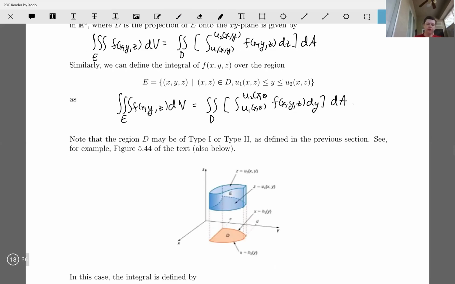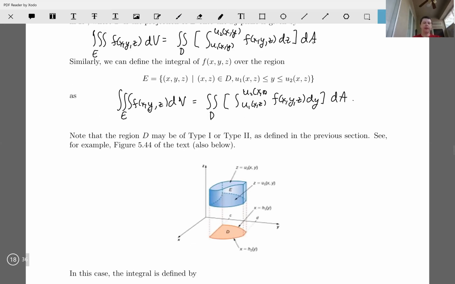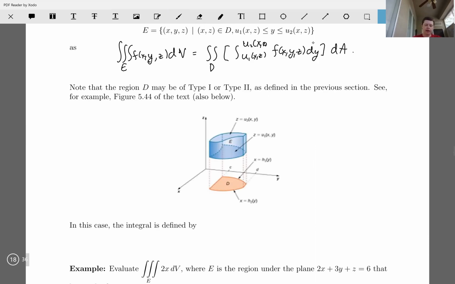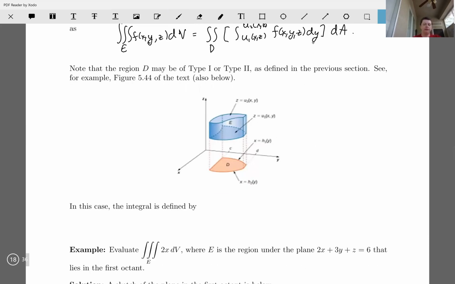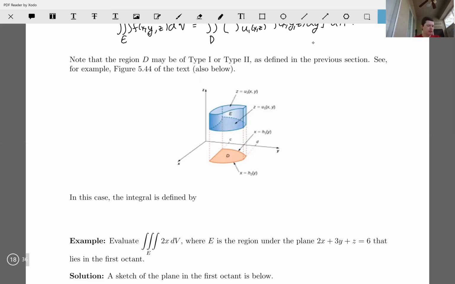So note that the region D can be of type 1 or type 2, as defined when we were talking about integrals in two dimensions. And here's a quick example of how that projection into the xy plane would look.